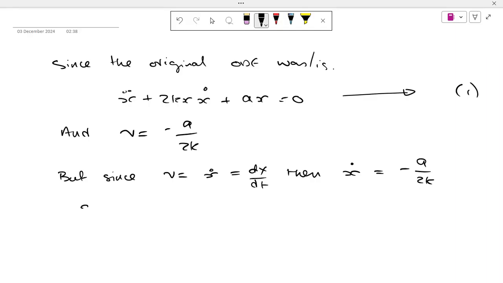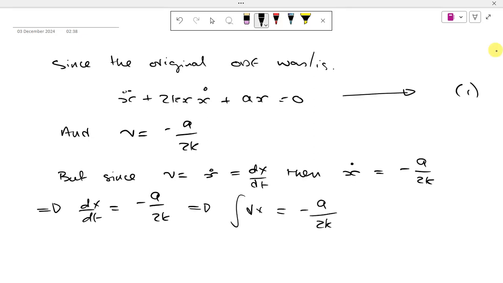So in other words, dx by dt is equal to minus a over 2k. This can be integrated to give the integral of dx equal to minus a over 2k times the integral of dt, yielding the solution.